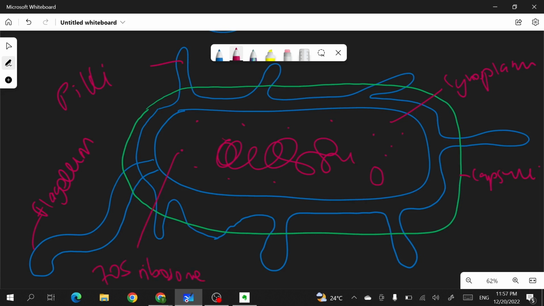This is the genetic material, which is actually the circular DNA. And here is the plasmid.